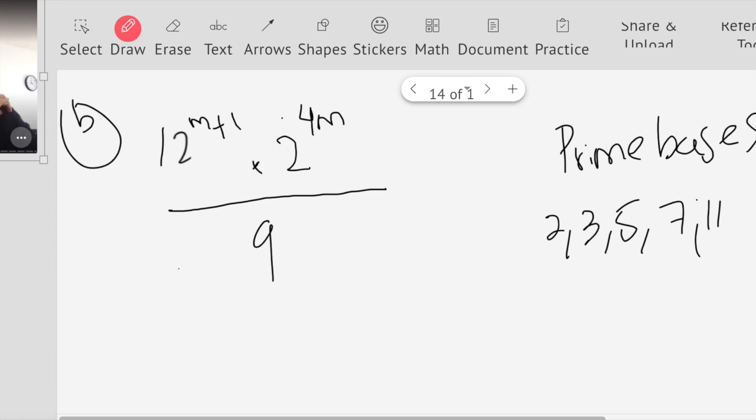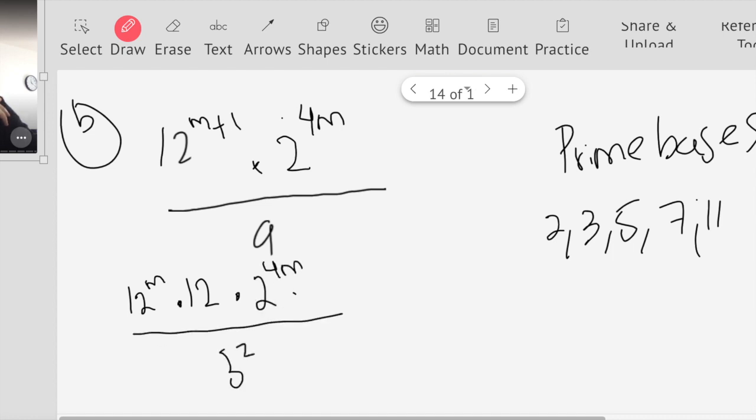So let's see, I can write this as 12 to the m times 2 to the 4m divided by 3 squared. And then 4 I can write as 2 squared, so 4 times 3 is 12 to the m.